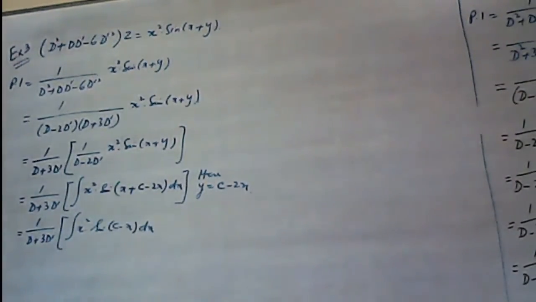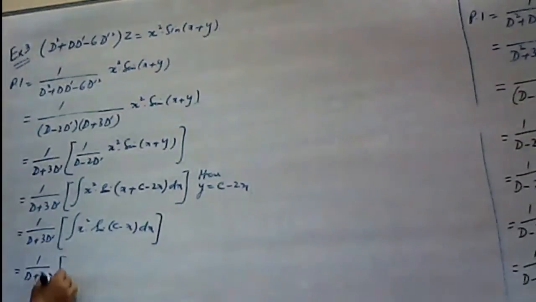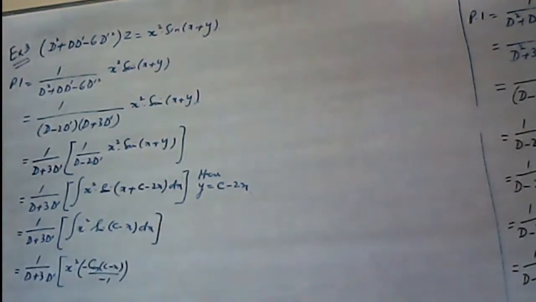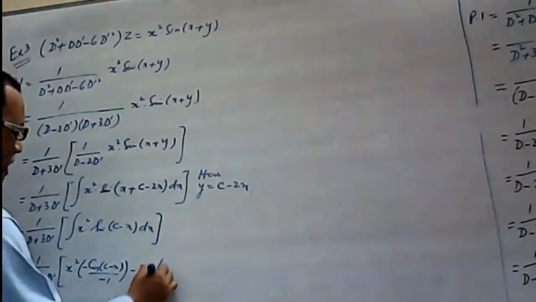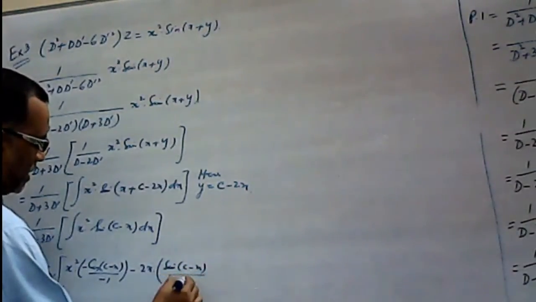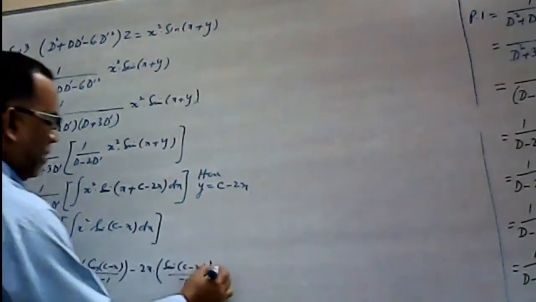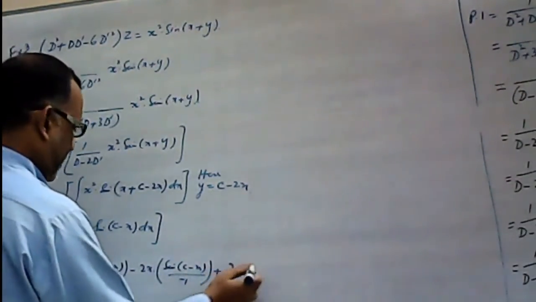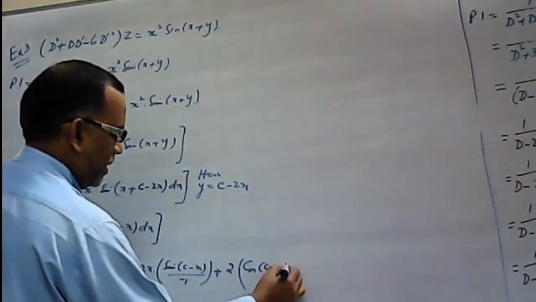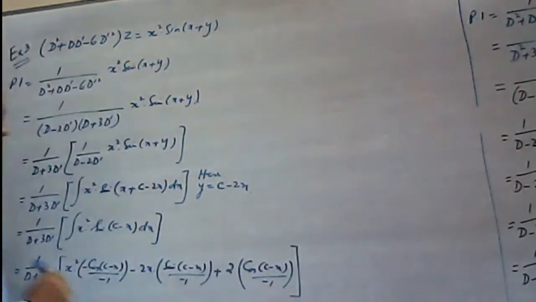So again, using the by parts formula, 1 upon (D plus 3D dash), then we have x square into minus cos(c minus x) upon minus 1, then minus 2x, and then the integral of cos is sine(c minus x) upon minus 1, then plus 2, and then the integral of sine is cos(c minus x) upon minus 1. This we got by using the by parts formula.